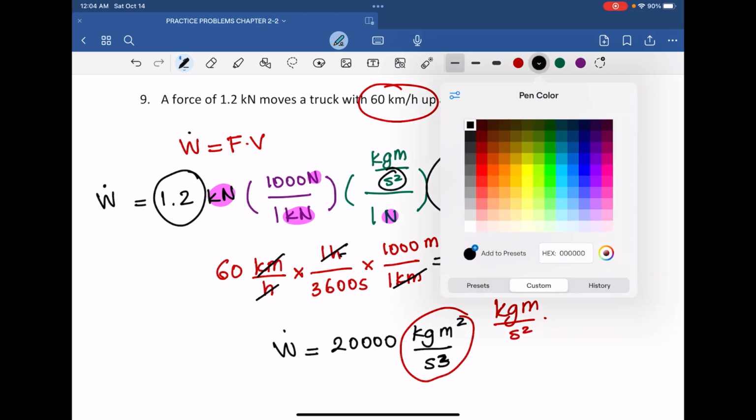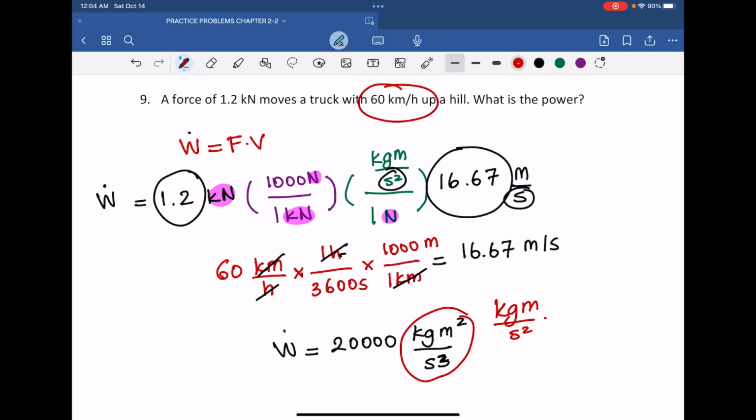So there is kilogram meter per second squared, which is Newton, there are meters, Newton times meter, and there's second. So it is actually joule per second, which is watts. So the answer you found is actually 20,000 watts.